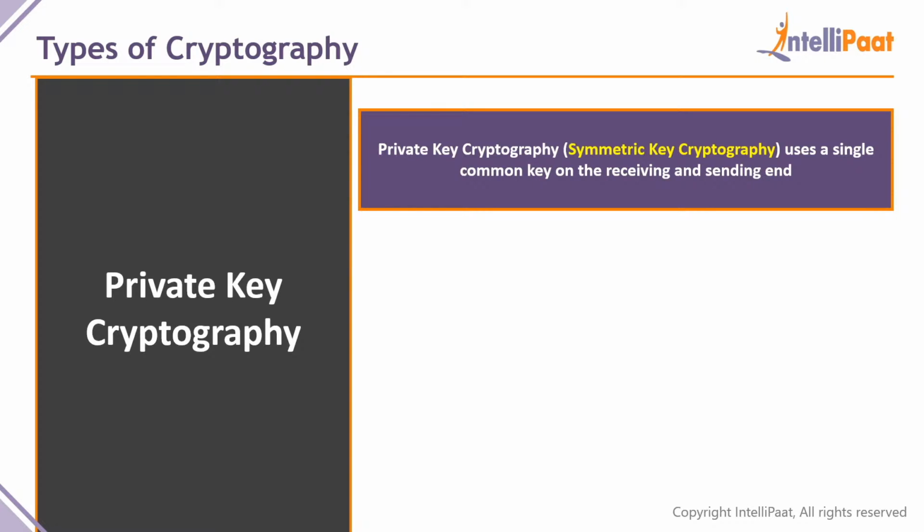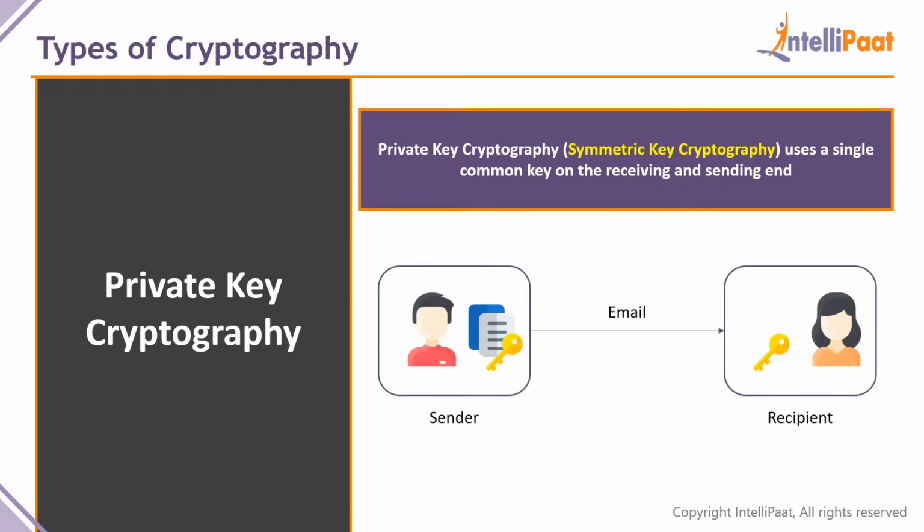So as a sender and the receiver, you use one key to encrypt and then use the same key to decrypt that data, right? So you're the sender, you have access to a key. Now this key is not shared with anybody at all except the intended recipients, right? So this key is present with the recipient.